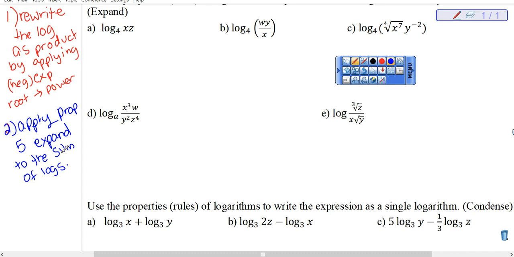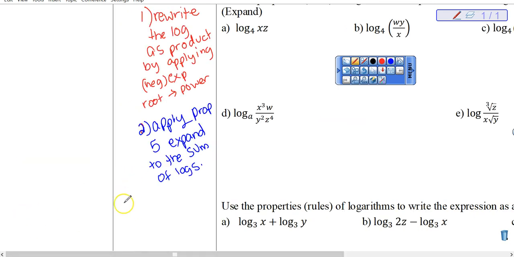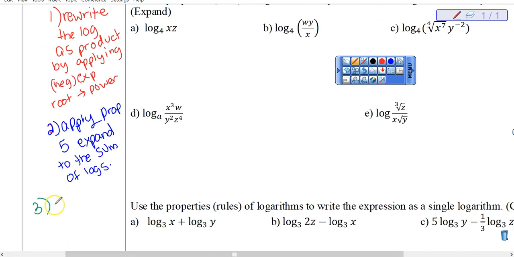Last step. In green, we're going to apply property 7 and power down. So we're going to change it from a power to a product, basically. But I think power down just really gives you a direction.